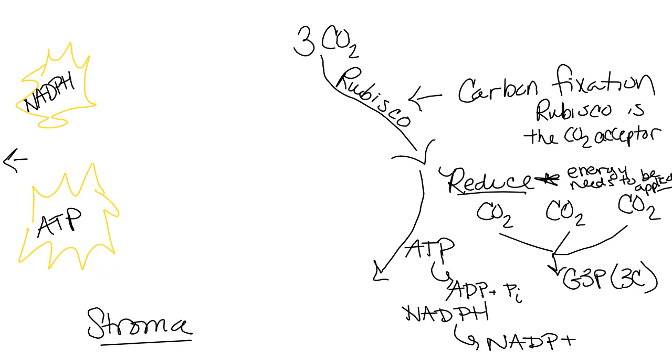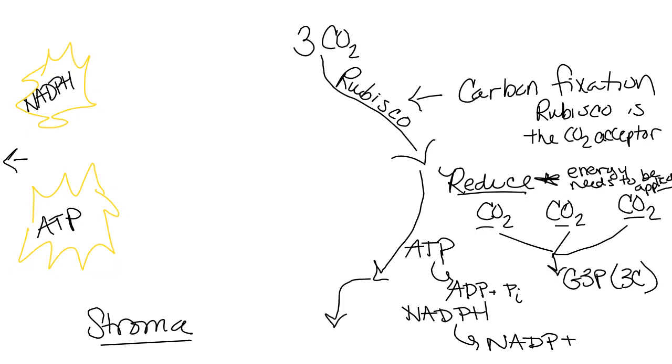These 3 carbon dioxides aren't just going to bond to themselves. So when ATP is hydrolyzed and NADPH is oxidized, that's releasing the energy that's needed for this endergonic reaction of the reduction of carbon dioxide.